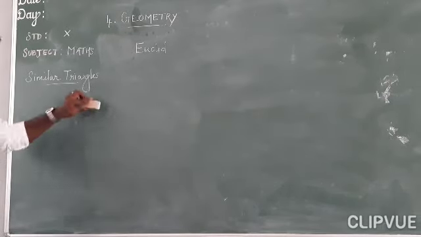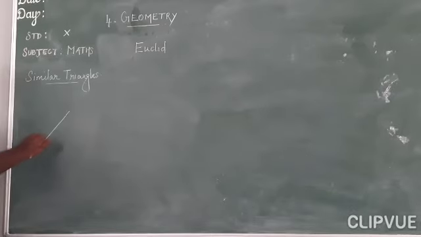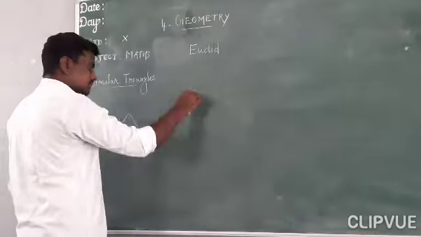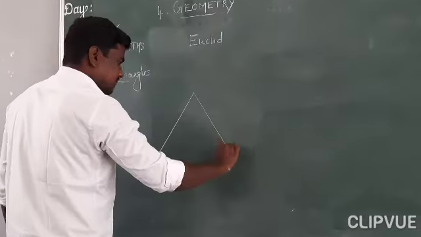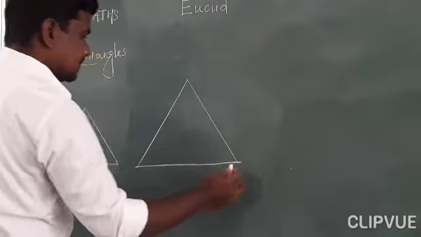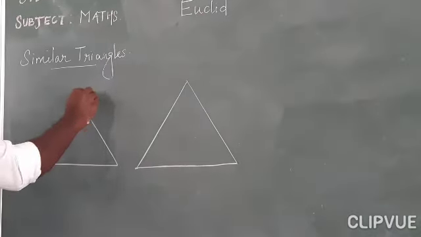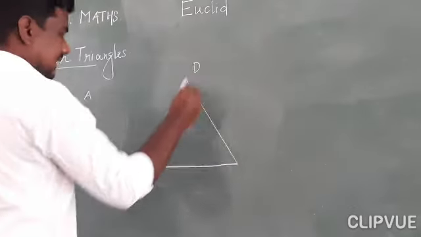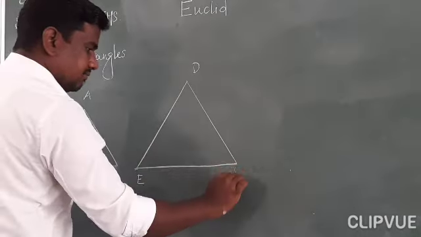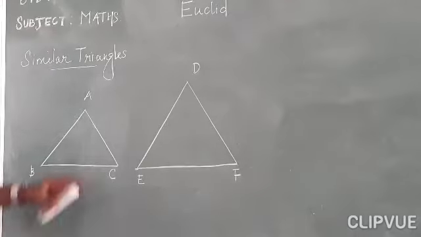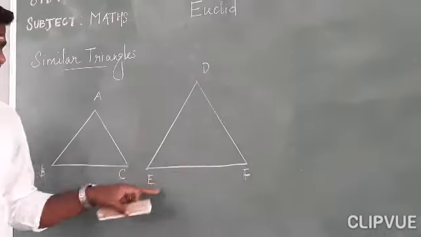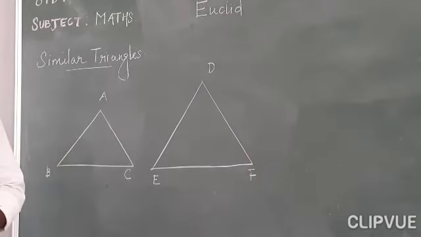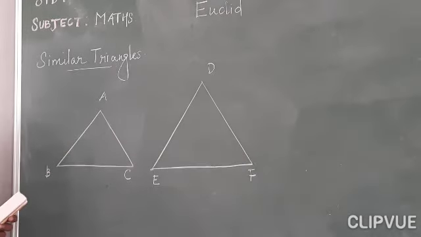Similar triangles. Now I am going to take two triangles, namely ABC and DEF. The name of the first triangle is ABC and the name of the second triangle is DEF.